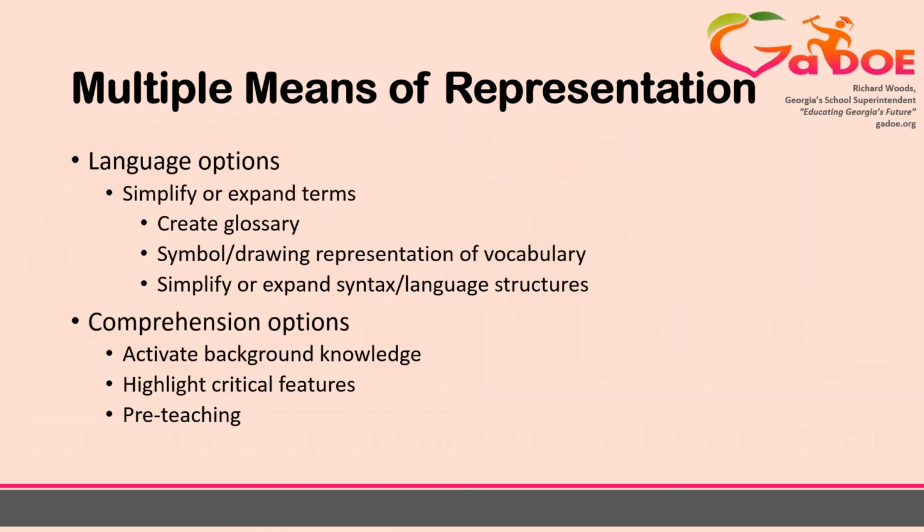We should also consider the ways that we customize the language that we use in the classroom, both to assist students with lower or limited English, but also to challenge students to learn and utilize higher level language or vocabulary. This principle also includes a variety of ways to ensure that students comprehend the material that you present.